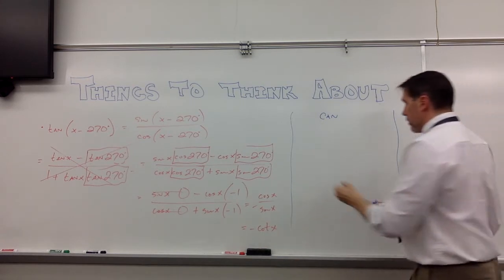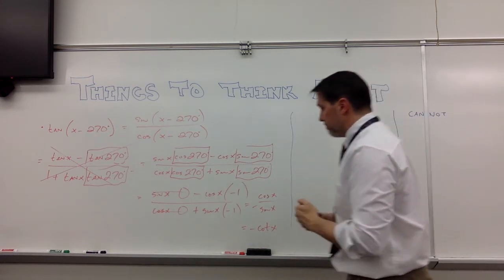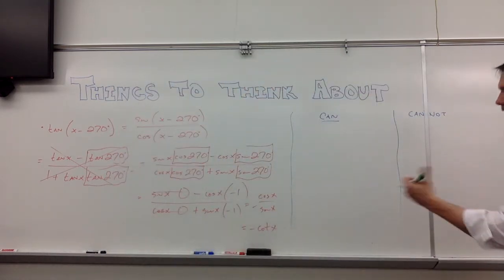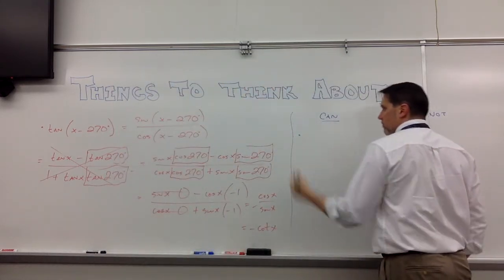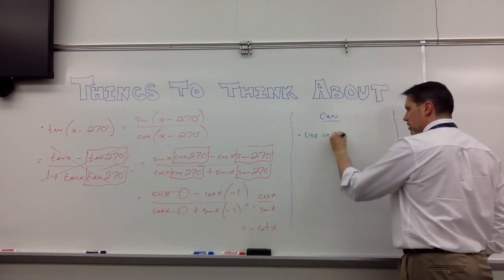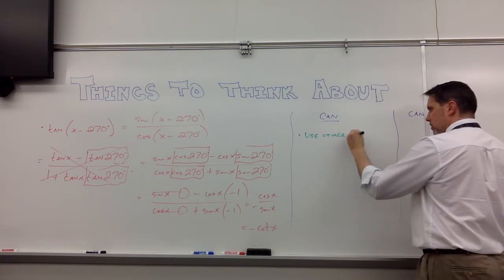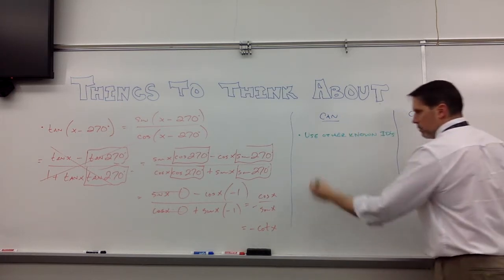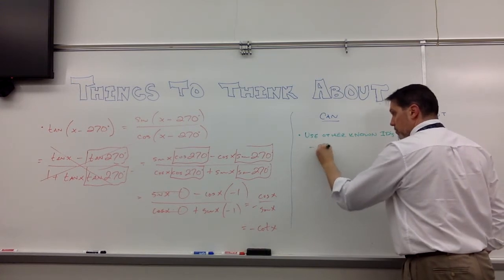All right, for the cans, what can we use? Well, a lot of different things. When we verify identities, we can use other known identities. What do you mean? Like your reciprocal identities?